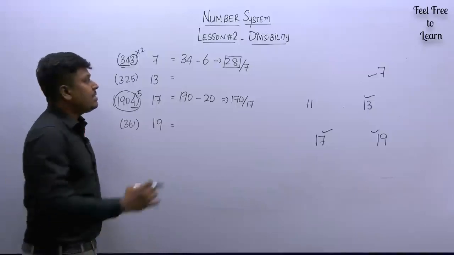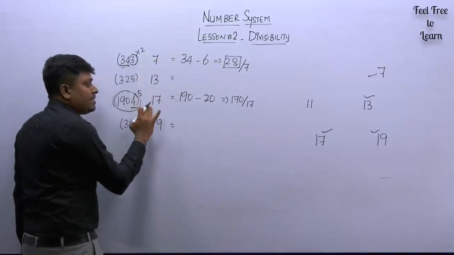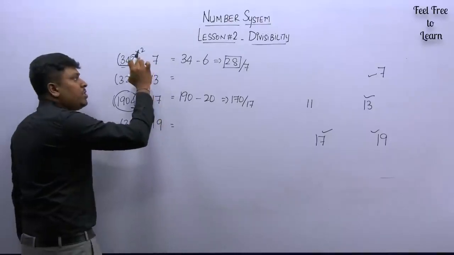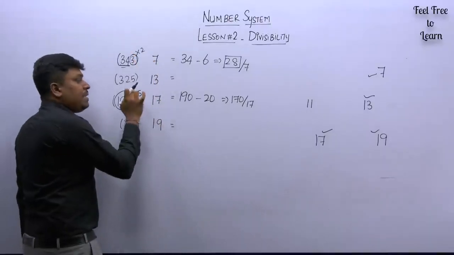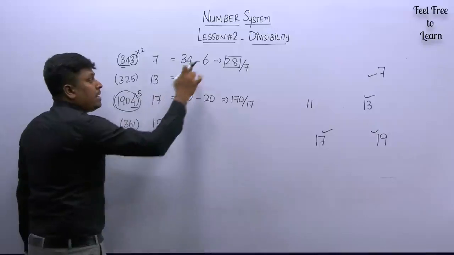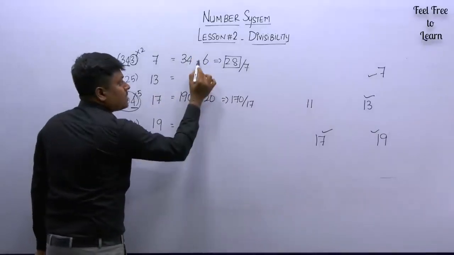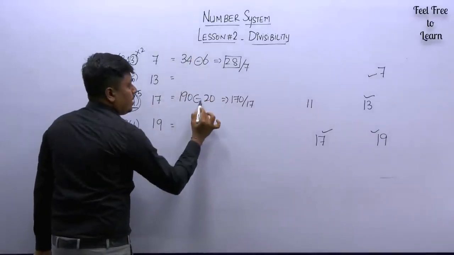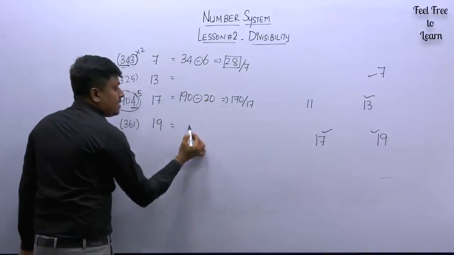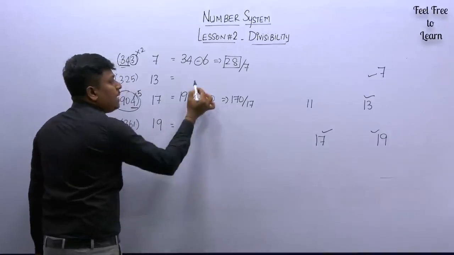Understood, friends? This is the divisibility rule for 7 and 17. For 7 you need to multiply by 2. For 17 you need to multiply by 5. But in both cases you have to subtract. That is important, because for 13 and 19 you will add.